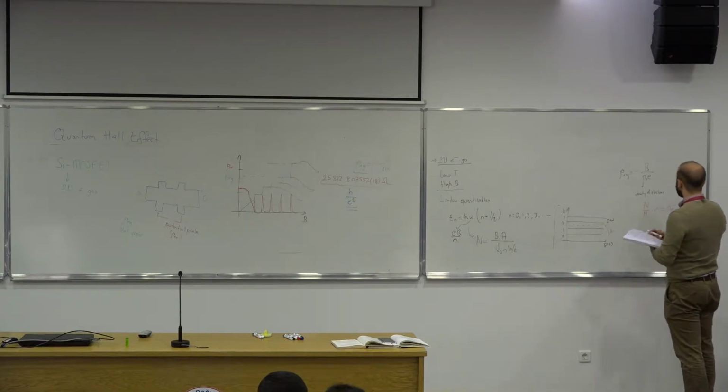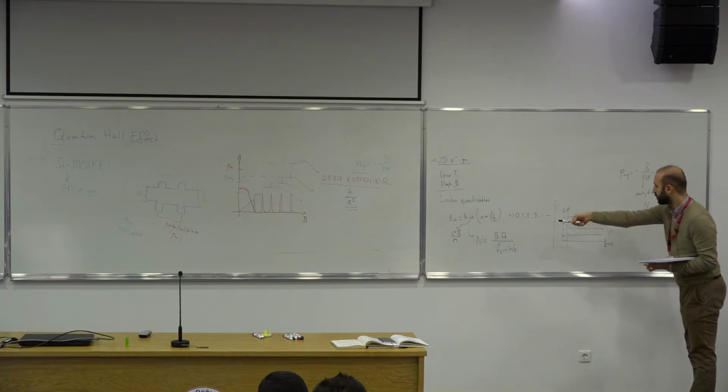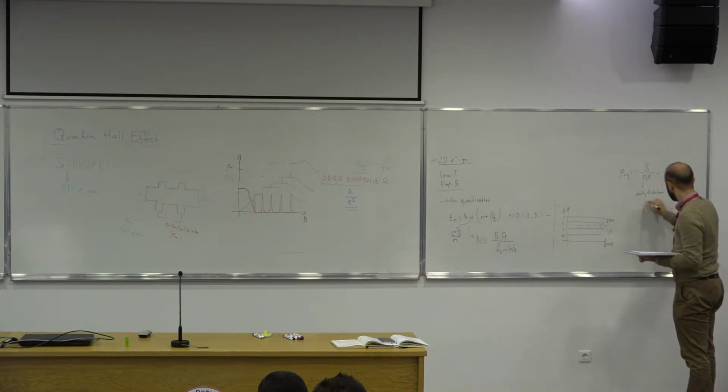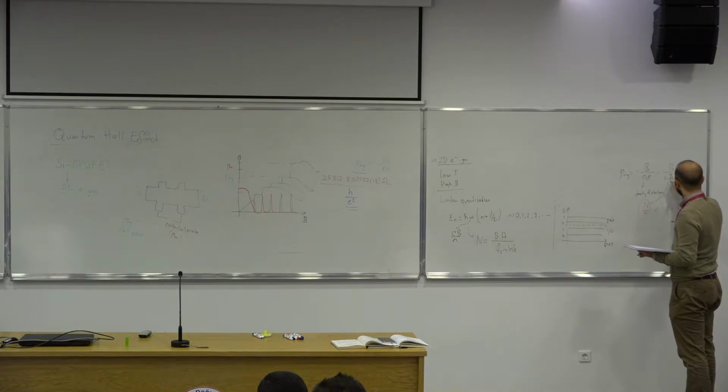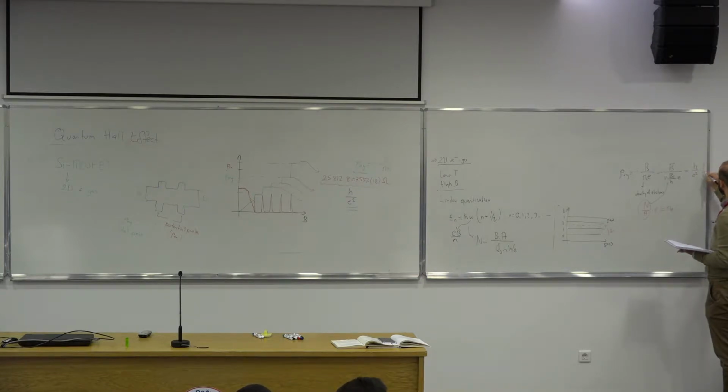Okay, so my rho xy is going to be B over nu. Now I'm going to write that expression, this one, explicitly. B over h times e times e. And yes, I have nu here. Okay, the minus sign. Then the B's will cancel. I end up with h over e squared times 1 over nu.